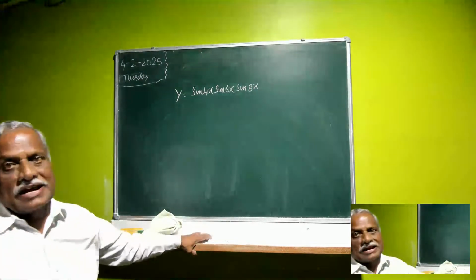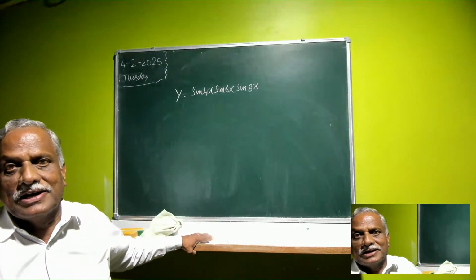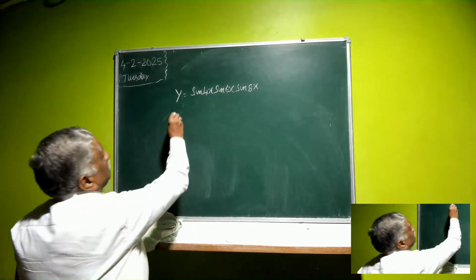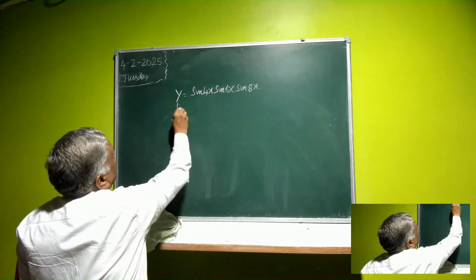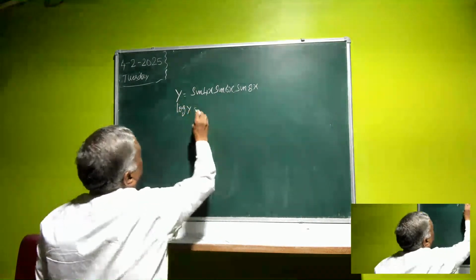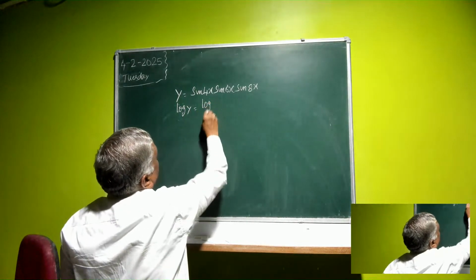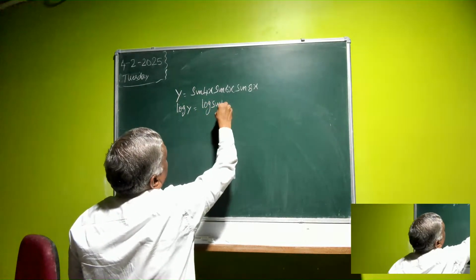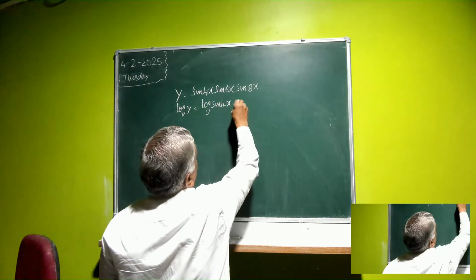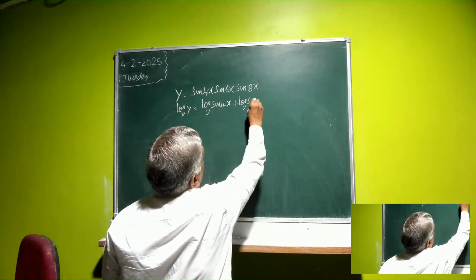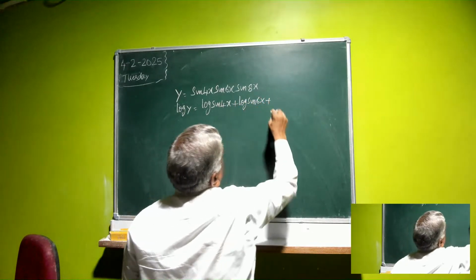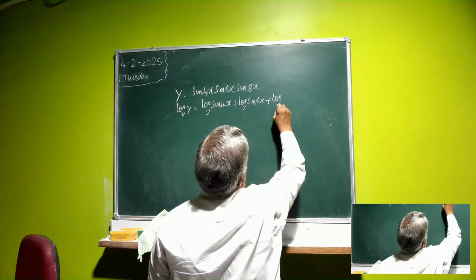I have already given a second form, y is equal to f1x and f2x, etc. So take log on both sides. This is log y is equal to log sin 4x plus log sin 6x plus log sin 8x.